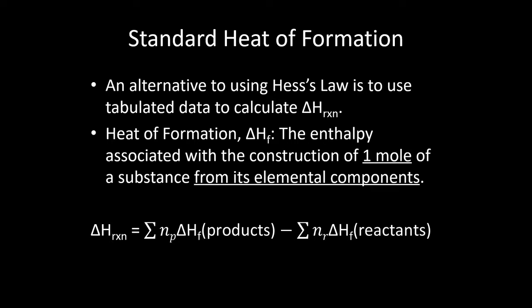That is the heat of formation. And so these standard heats of formation are, truthfully, really just doing Hess's law, but it doesn't look like Hess's law. It's an easier, faster way of doing it. The way this works is we have a whole bunch of different molecules in a table in an appendix at the back of your book.